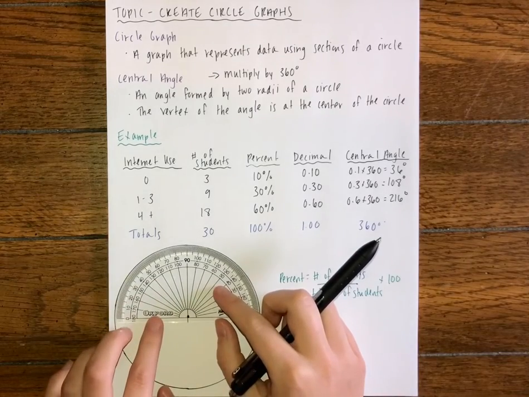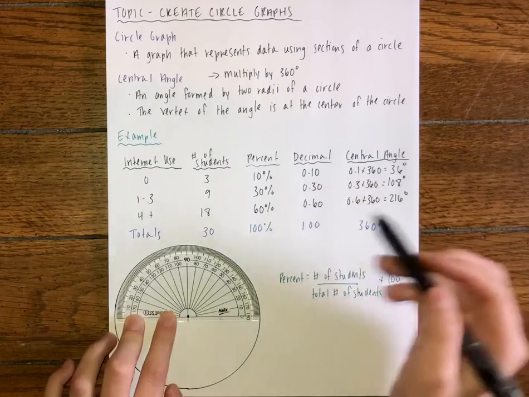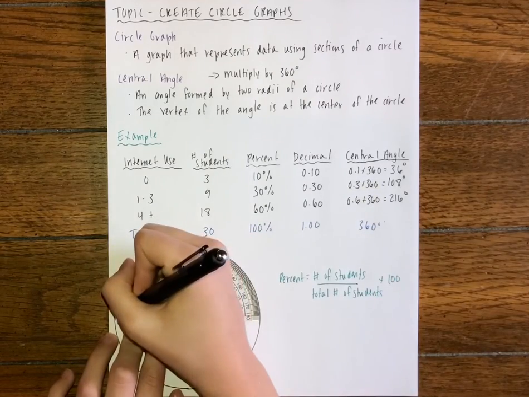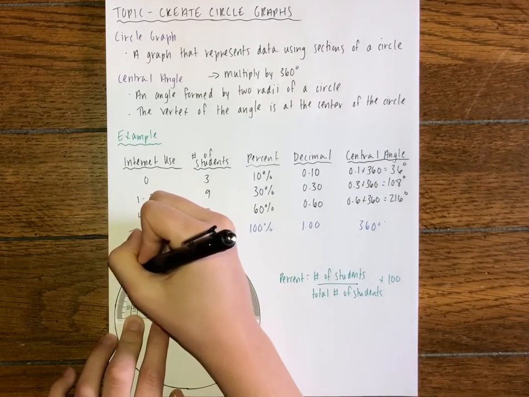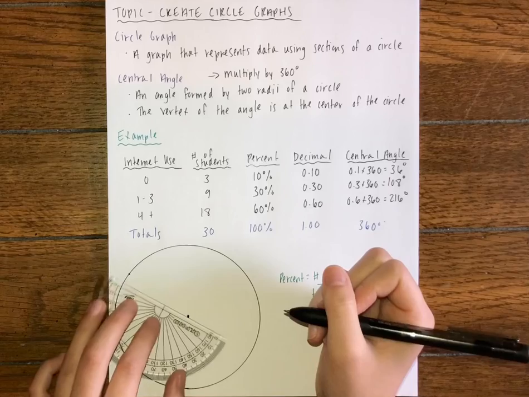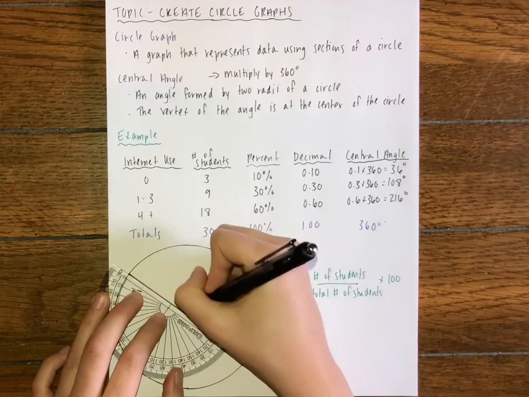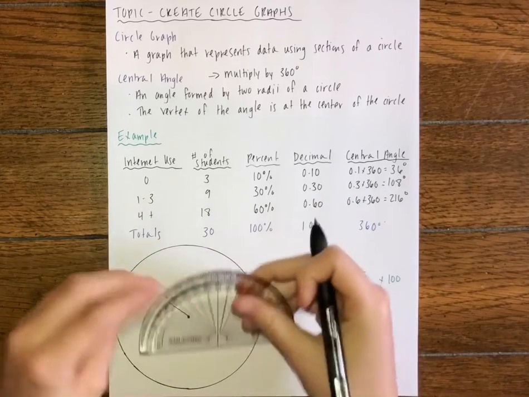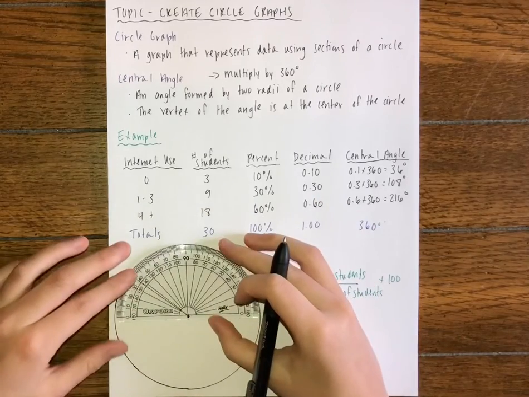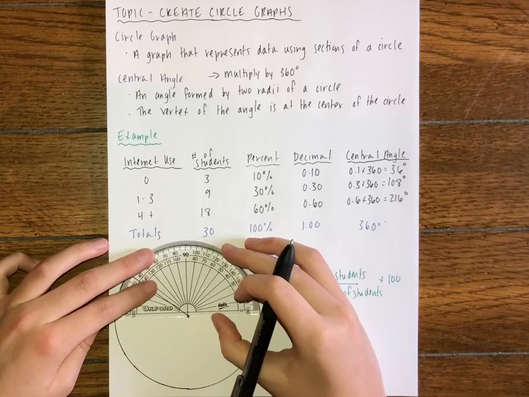We'll take a look at the first one, 36 degrees. So you line it up and look for 36. This will be about there. Connect it. And then I just forgot to connect it here too.